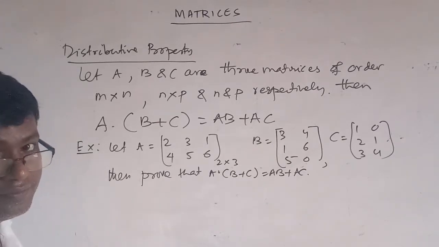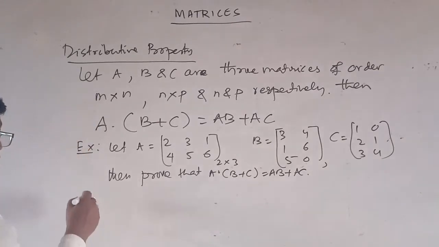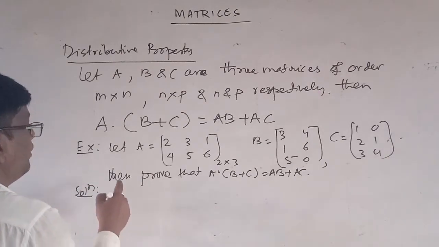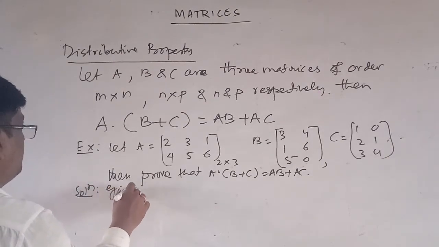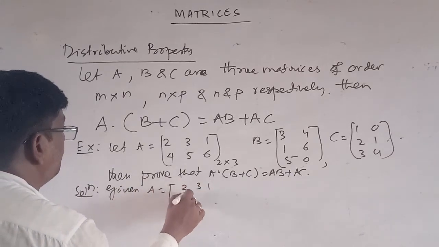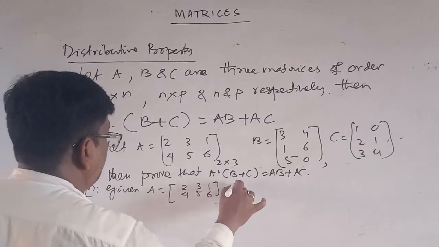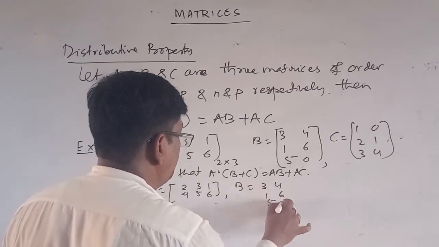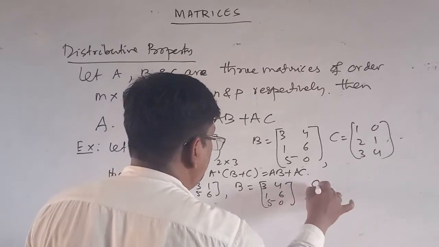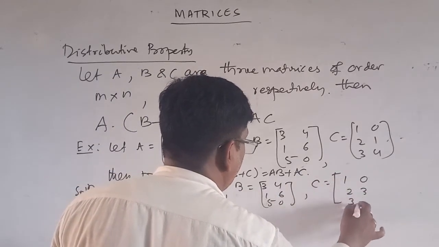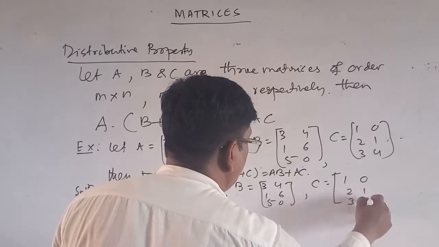Now the solution is, given A is equal to 2, 3, 1, 4, 5, 6. B is equal to 3, 4, 1, 6, 5, 0. And C is equal to 1, 0, 2, 1, 3, 4.